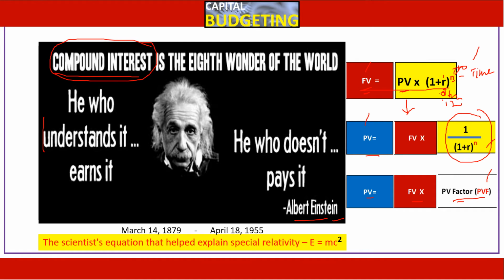This formula we need to remember as a token of respect to Dr. Albert Einstein, the scientist behind E equals mc squared, and compound interest is what he highlighted. That is taken care of by the discounted cash flow system of capital budgeting.